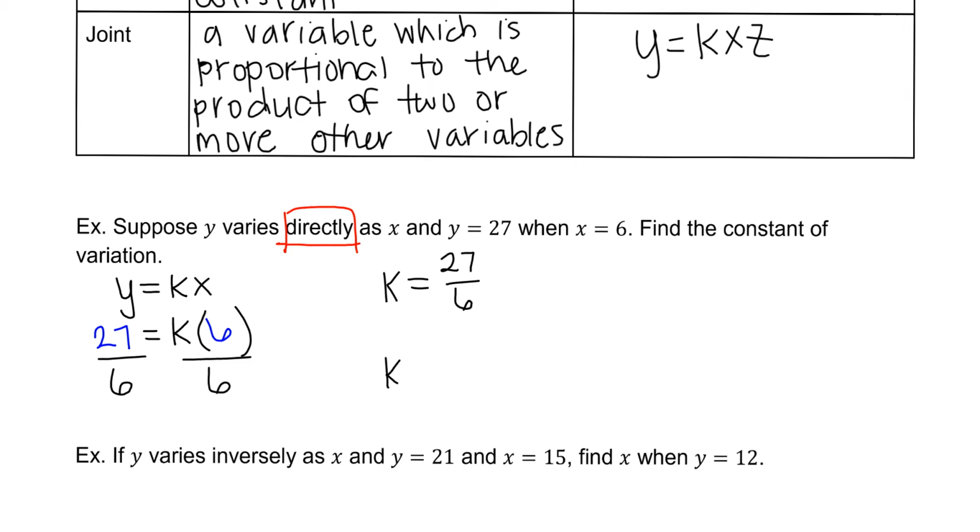So our constant of variation k is going to end up being 9/2. I would use this constant of variation 9/2 if I wanted to find any other values of x or y, given I know one of them. So you have to find the constant of variation before you can solve for any other values.